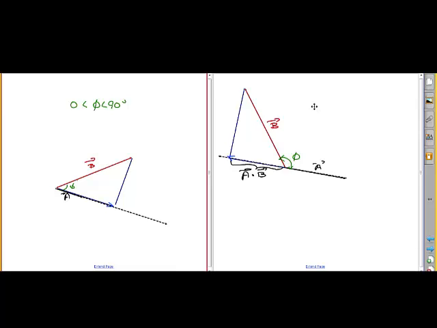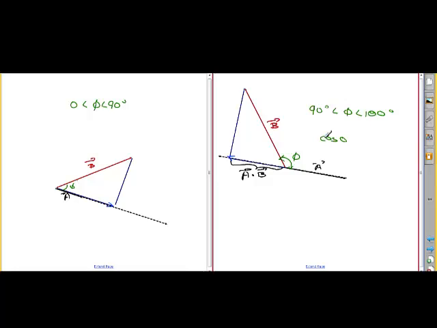In this case, when they're going opposite directions, phi is between 90 and 180 degrees. And the cosine of phi, in this case, is less than 0. So you get a negative sign from the cosine of phi, and therefore that's why you get a negative number when you do the dot product of things that are not going in the same direction.